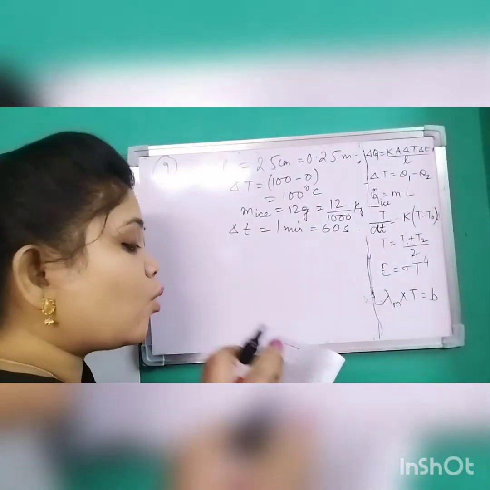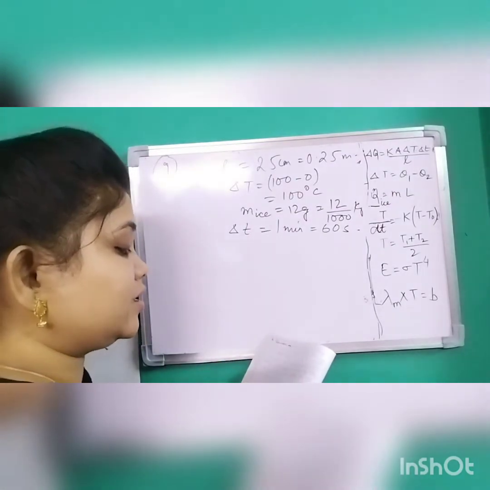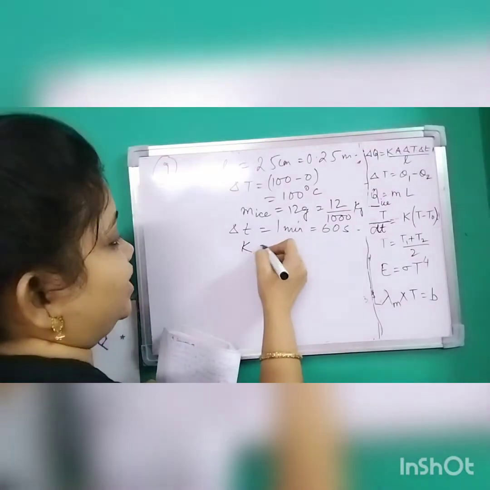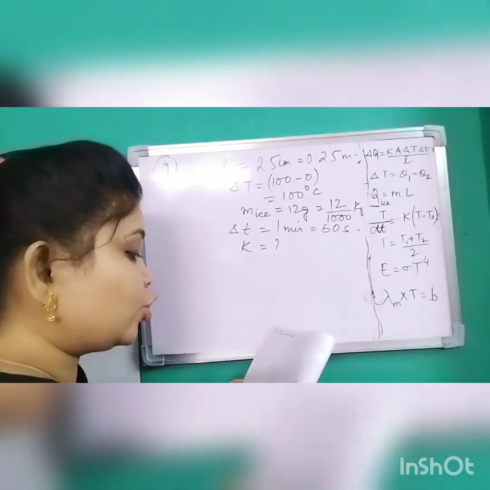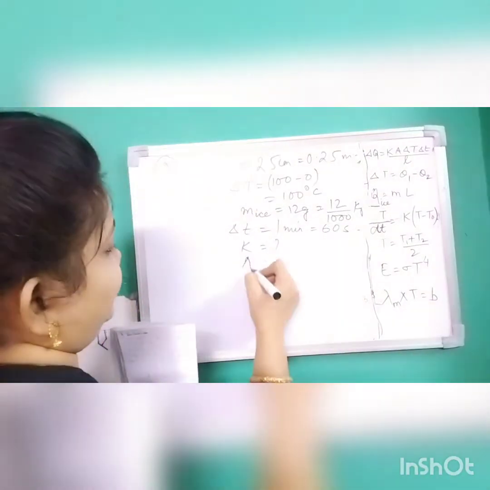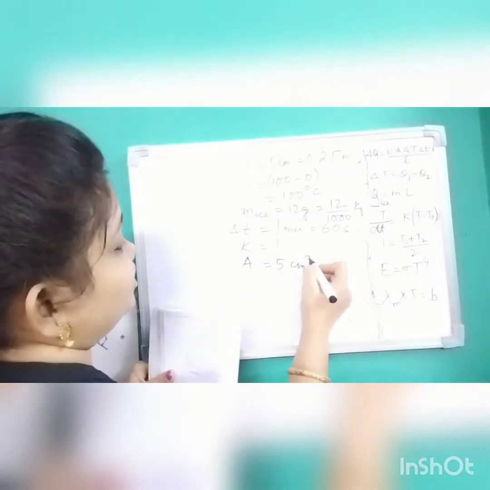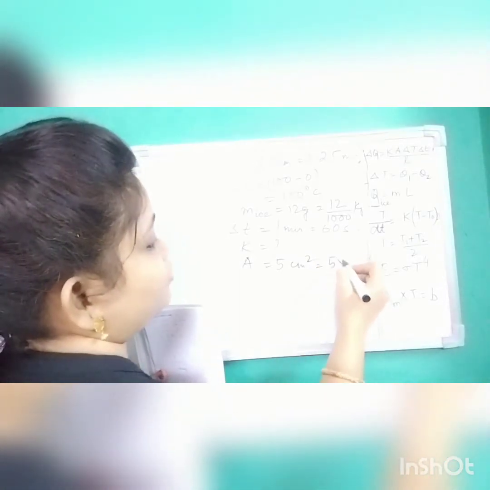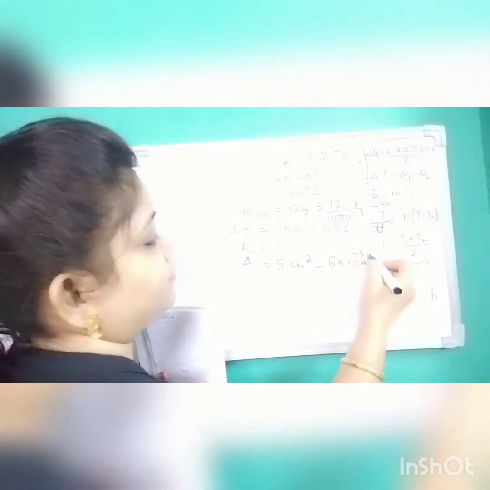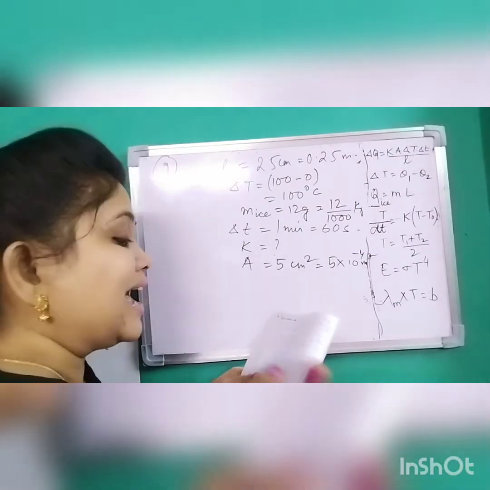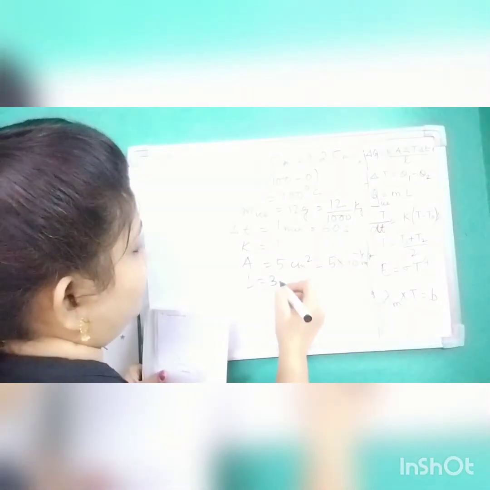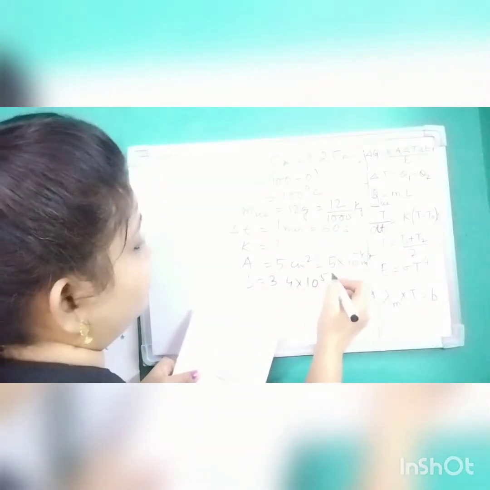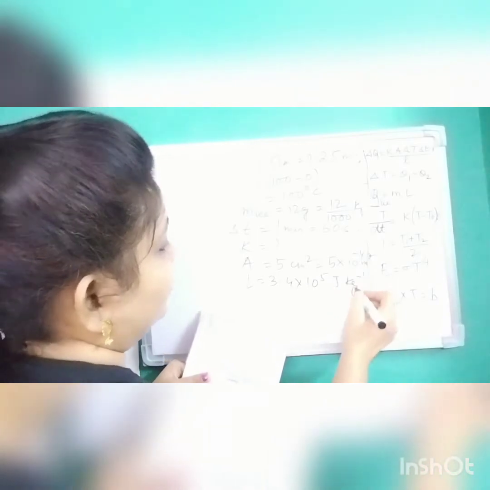What is the thermal conductivity of the metal? K they have asked. Cross section of the bar, A is given as 5 centimeter square, which is 5 into 10 to the power minus 4 meters square, and the latent heat L is given as 3.4 into 10 to the power 5 joules per kg.